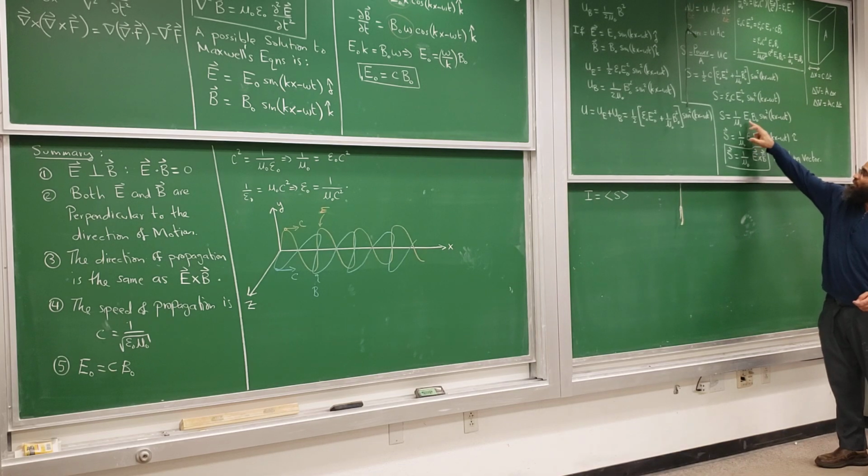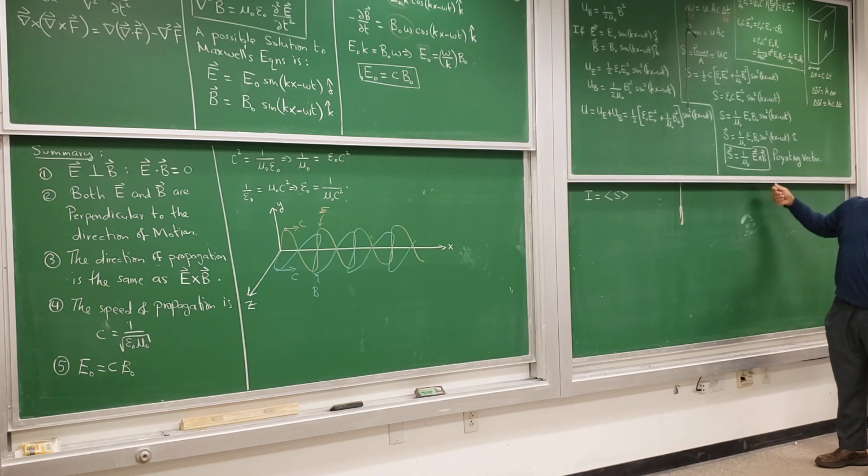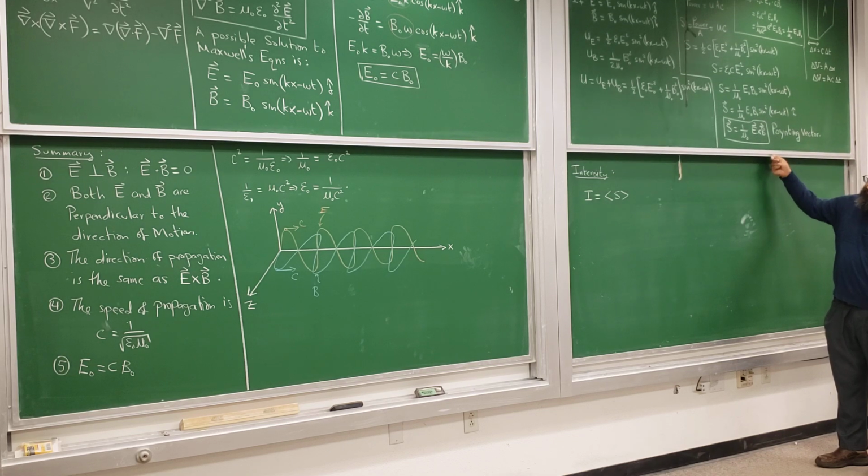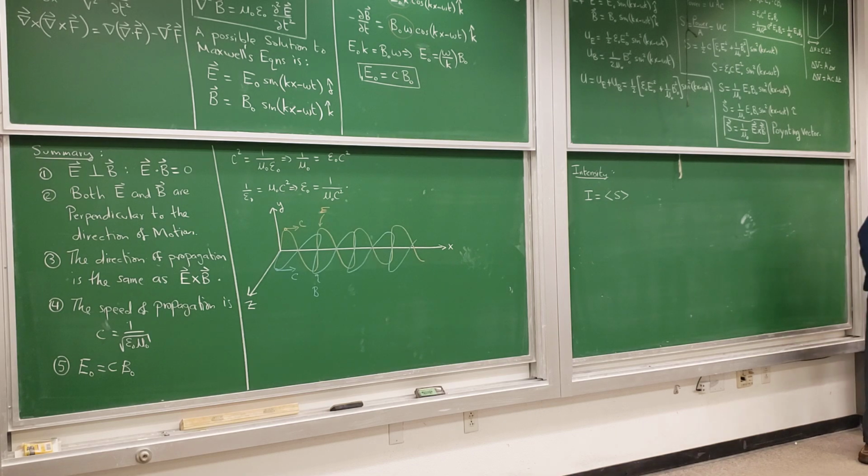So mu naught is a fixed number, the amplitudes are fixed, E naught and B naught. So what's the average of sine squared? 0? The average of sine would be 0 because it's sometimes negative, sometimes positive. But sine squared is never negative, so it can't be 0.